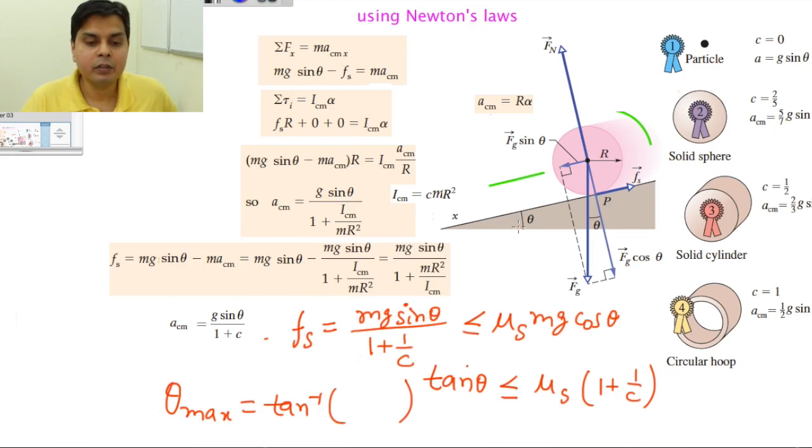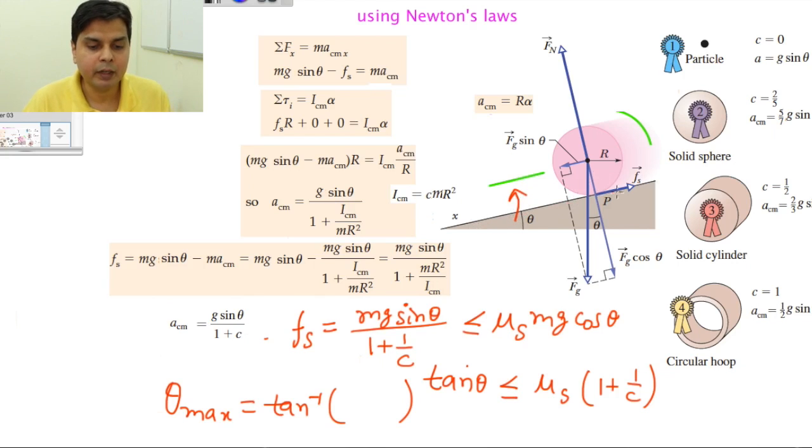So what it is actually saying is that suppose you have got an incline. Whatever the surface is, that surface is fixed, so your mu s is fixed. Can it happen that you go on increasing this angle theta, making it more and more vertical, and even then your body does not slip? No, it will not happen.